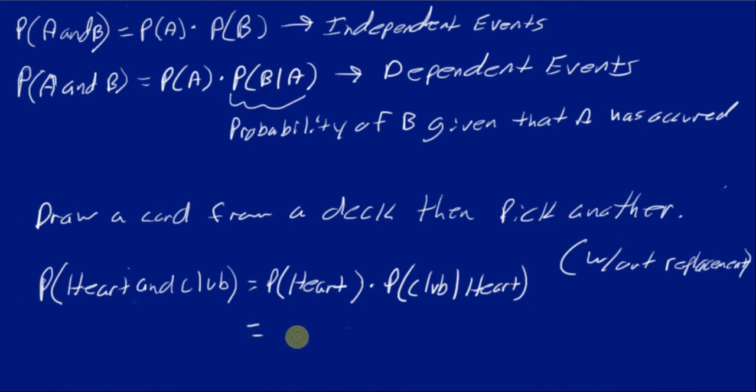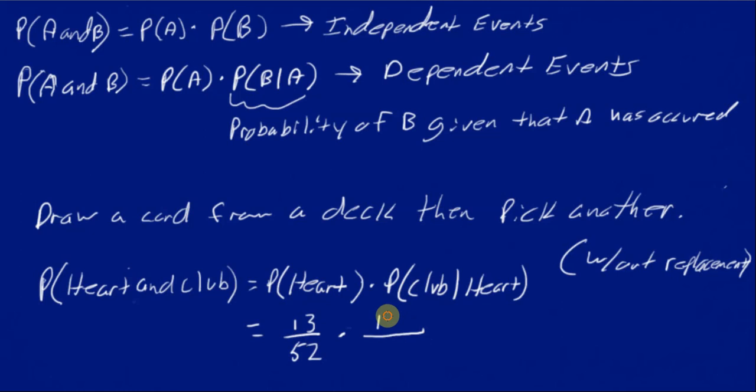All right, so the probability of a heart, there are 13 hearts out of a total of 52 cards. Now, we do not replace that card, so that heart is gone. So I'd like to find the probability now of club given a heart. So how many clubs are in the deck? Well, this card that we pulled is a heart, so it does not affect the clubs.